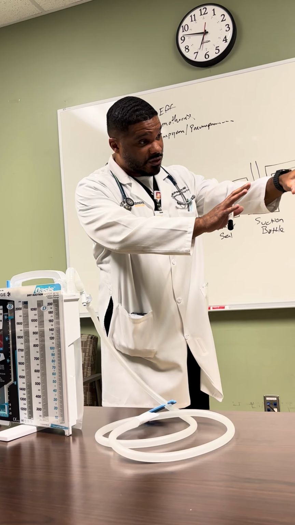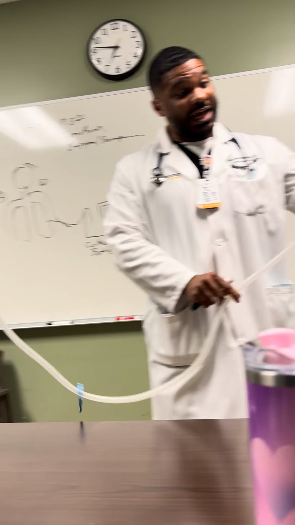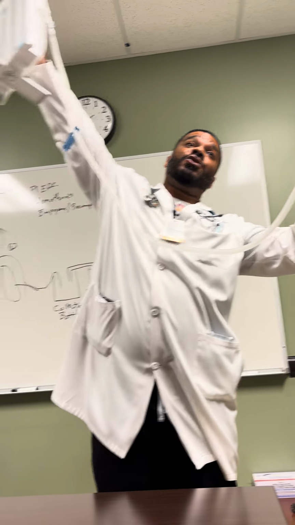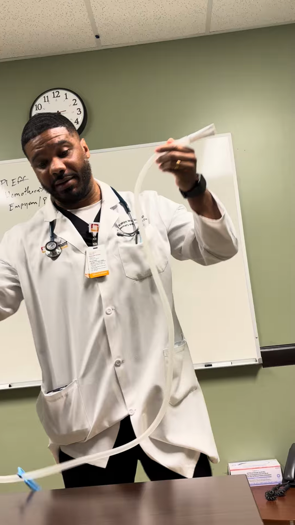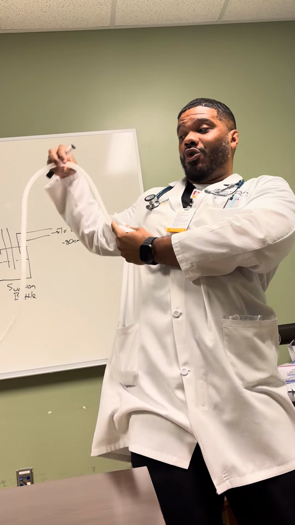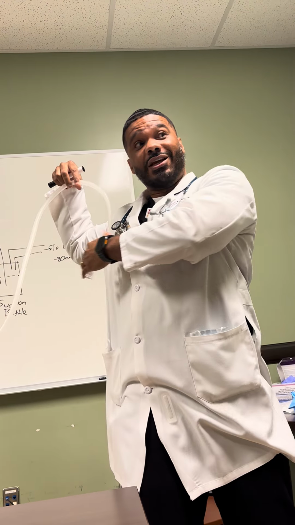And then after you've done that, you want to kind of check your tubing. This chest tube works best when it is below the patient. If the chest tube and the atrium are higher than the patient, you might have an issue. What I sometimes walk in and see is that the patient's laying down and you have the chest tube and it's kind of higher up here and then it goes down to the atrium.